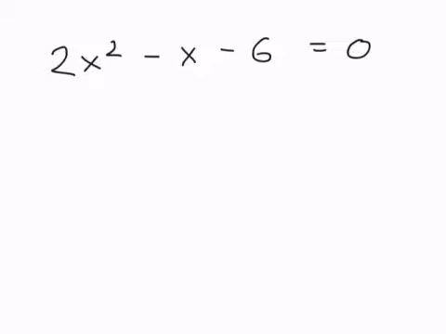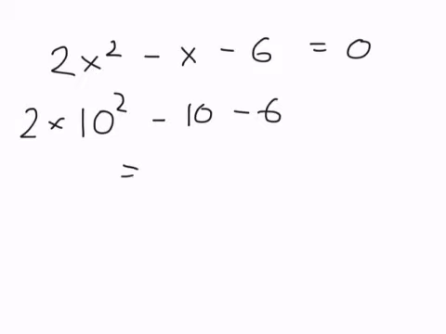Okay, so let's try x equals, I don't know, 10. Just trial and error, what do we get? Well, 2 times 10 squared minus 10 minus 6 equals, we all know 10 squared is 100, times 2 is 200, minus 10 minus 6 equals 184.